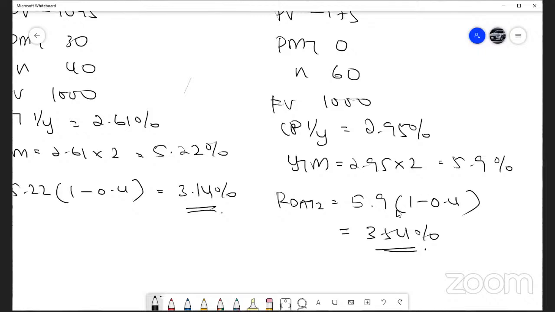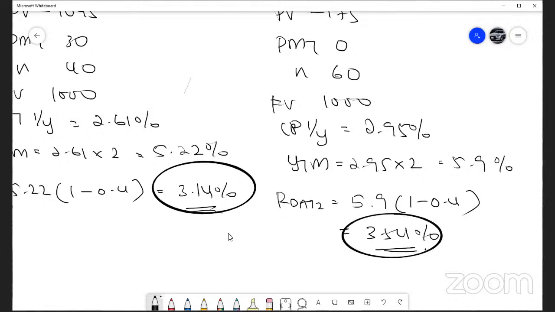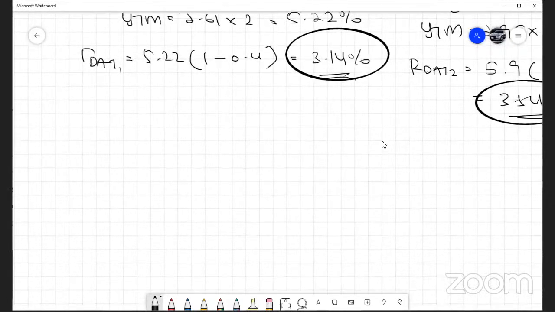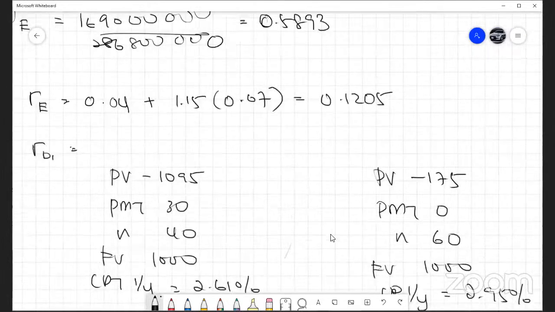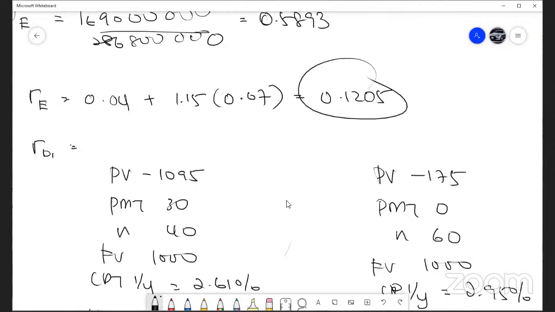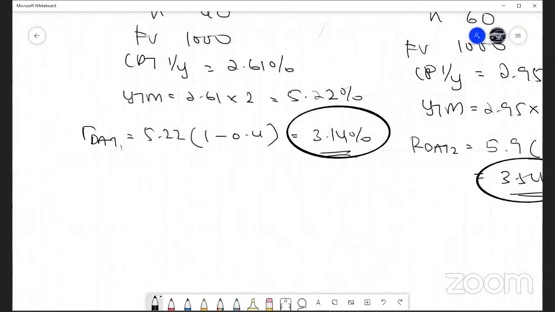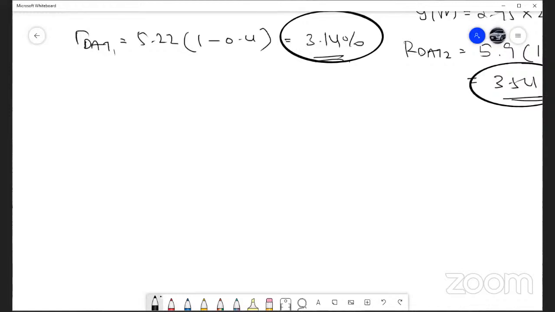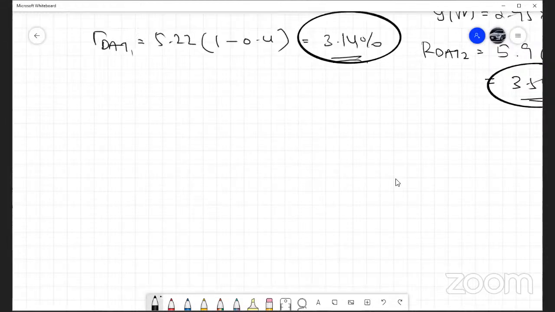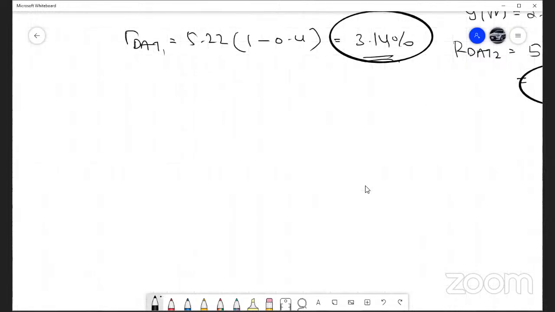This is the cost of debt one, and this is the cost of debt two. Remember these two are important for your weighted average calculation. So we got our equity, debt one and debt two, and now the last one is your preferred stock. The cost of preferred stock is very easy: dividend divided by price at time 0.